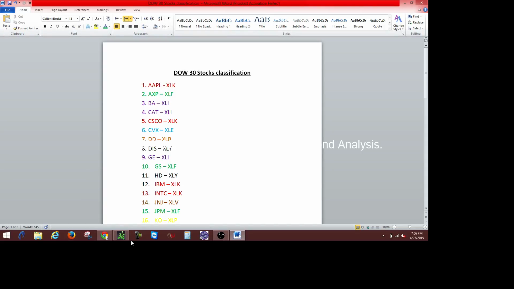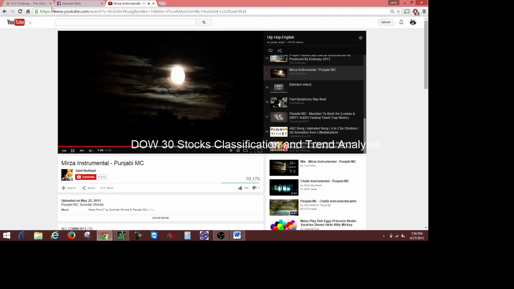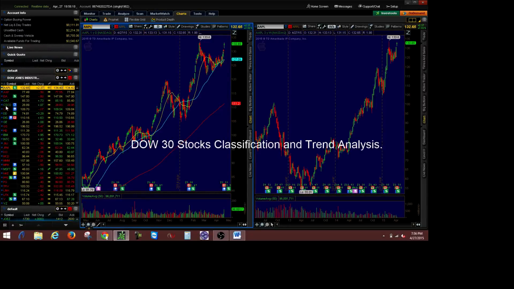And that is what the Dow is. So all these stocks that you see are divided into different sectors, and I'll go over them as I go over the analysis. So let's do this.